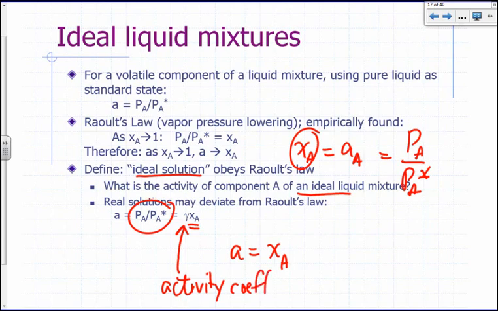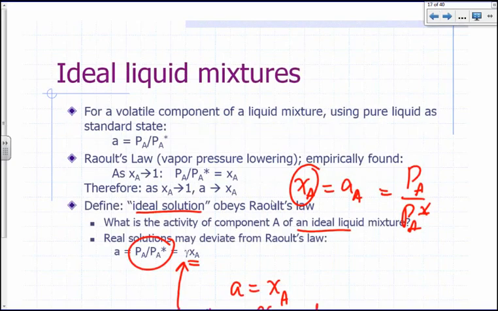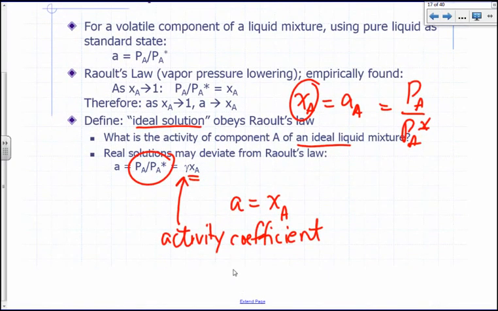So that's our attempt to correct for non-ideal behavior. We introduce that correction factor, gamma. Now, the basis for that is basically the same thing as what we did before when we talked about fugacity as a deviation from ideal behavior for gases.